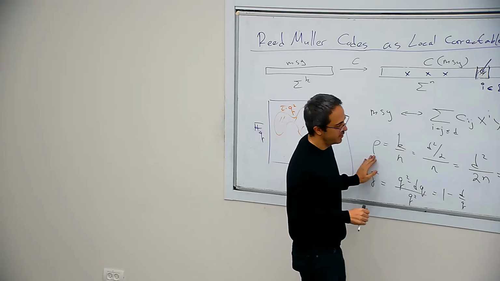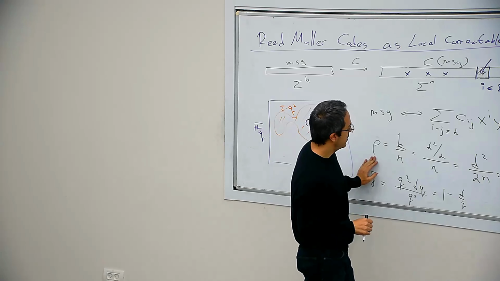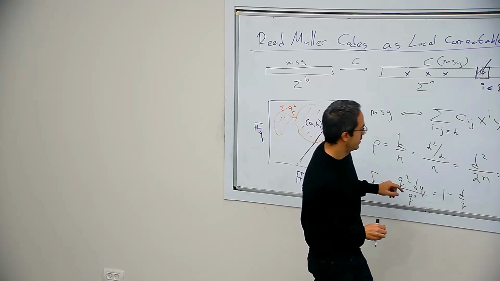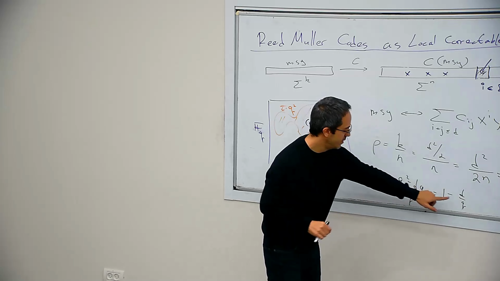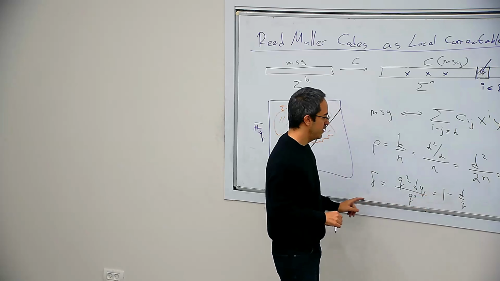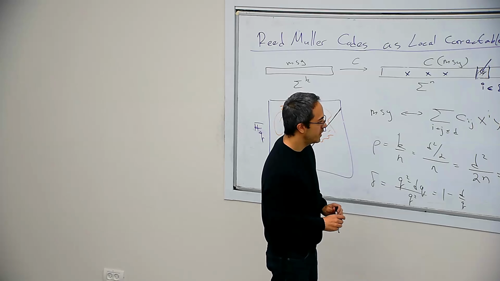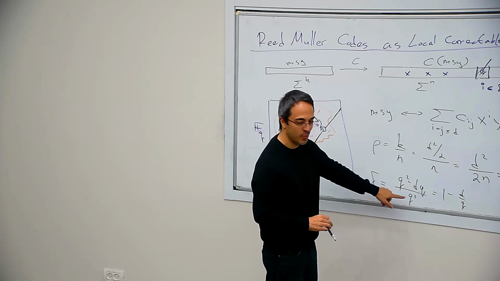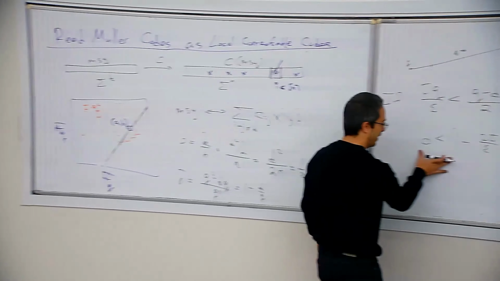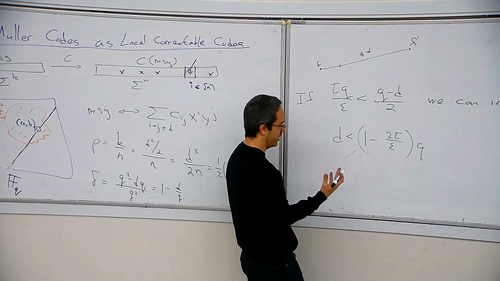Right, so it's really similar to what happened here. Here we chose D such that, if you just remove the 2 and the epsilon, it's exactly what's in here. So under this premise, we can locally correct.